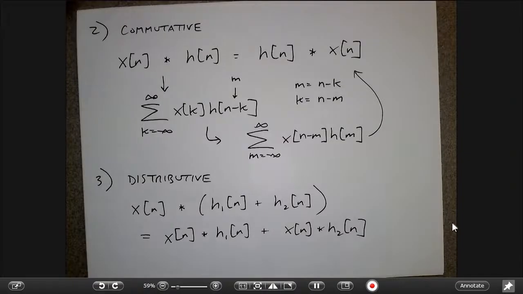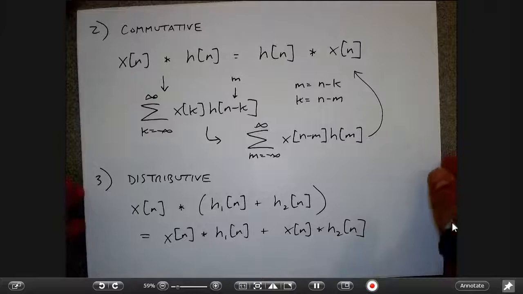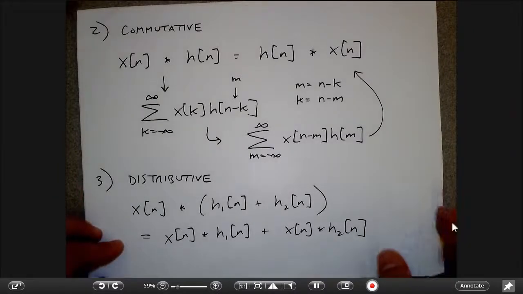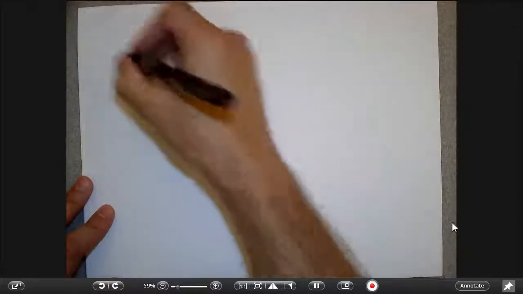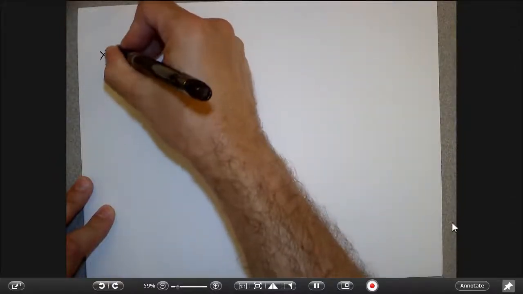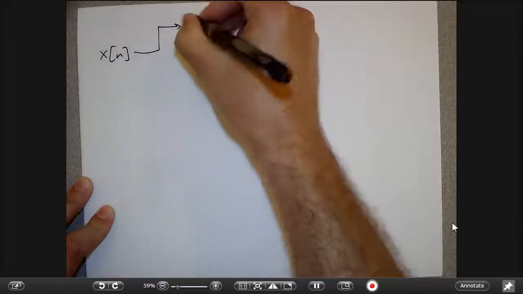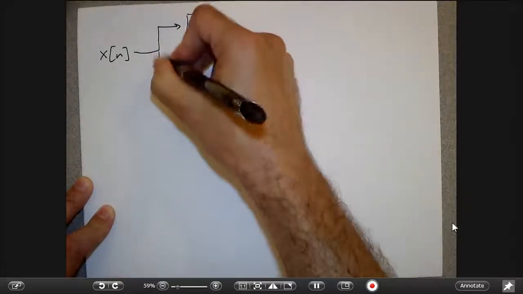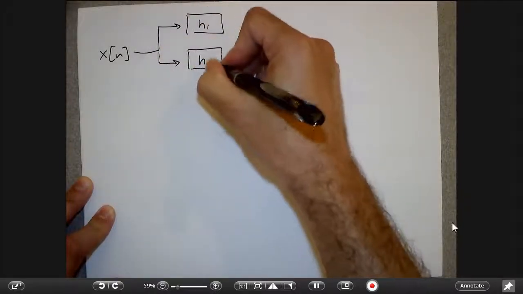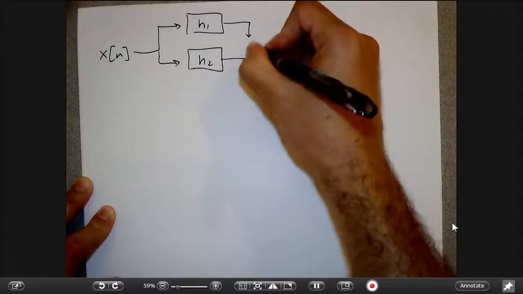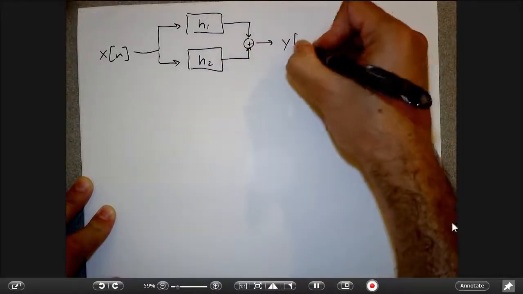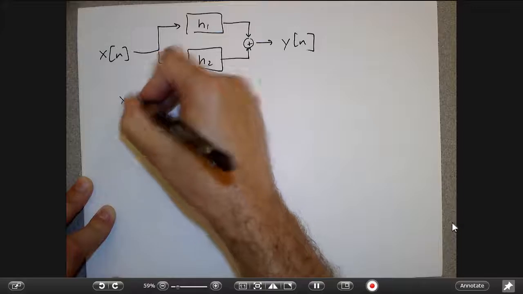And all this stuff really kind of falls out of the LTI properties of the system. To make this a little bit more visual, what this means is that if I have a signal that goes through two pieces, and then I add those pieces up later to get y, an equivalent system is this.